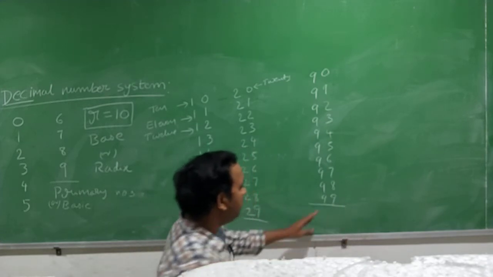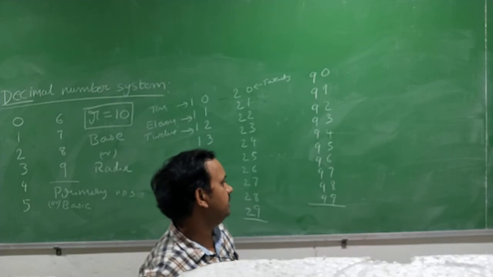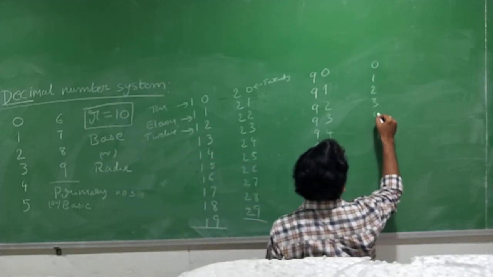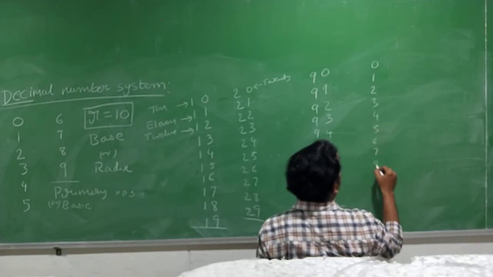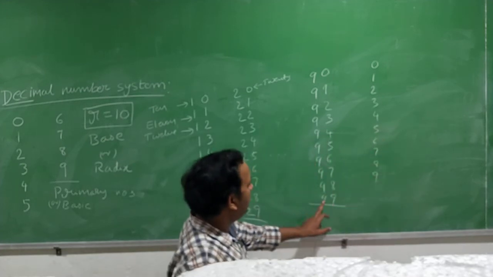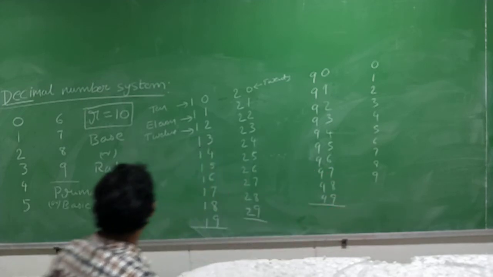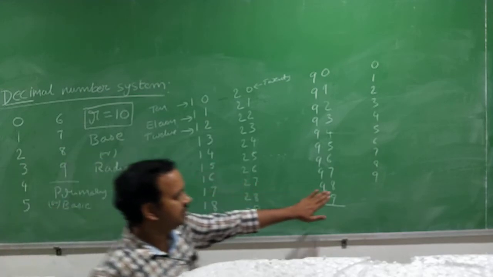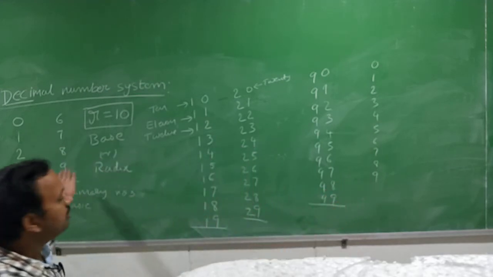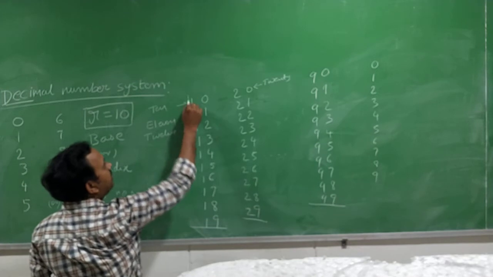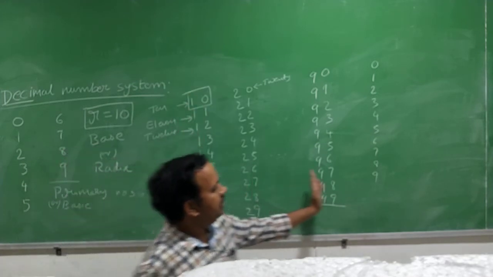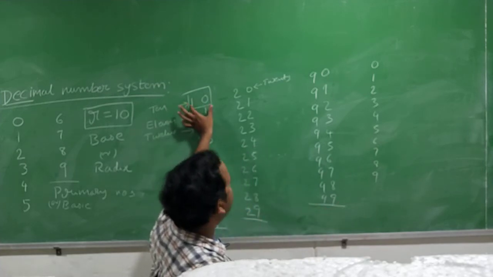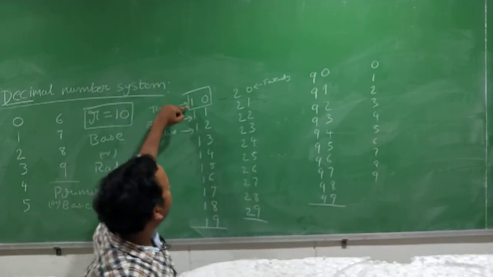Now you tell me, what is the next number you will get? We follow the same procedure: 0, 1, 2, 3, 4, 5, 6, 7, 8, 9. But this time you have already repeated the sequence 9 times. 9 is the last number of the primary sequence, and after 9 we derived the number 10. That means after repeating 9 times, the next count you need to keep is 10, because after 9 we derived 10.